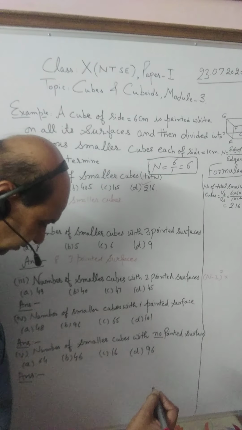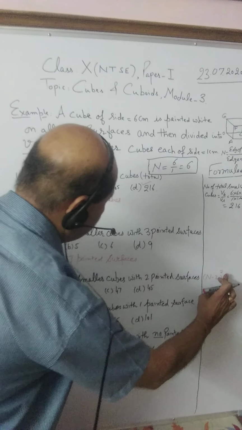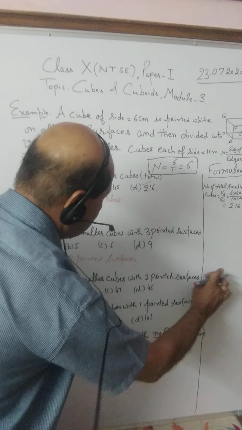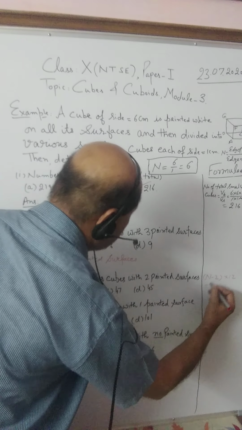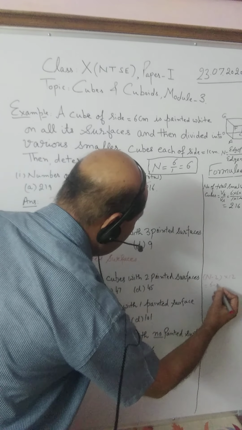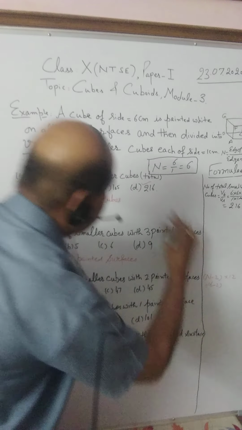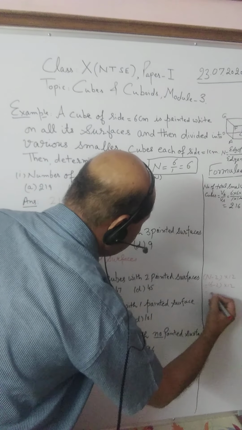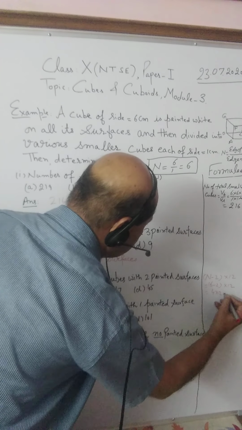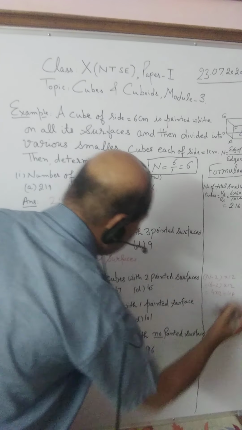This formula will be capital N minus 2 then multiply with 12, that is equal to 6 minus 2, because we have capital N equal to 6, multiply with 12, that is 4 into 12, that is equal to 48.